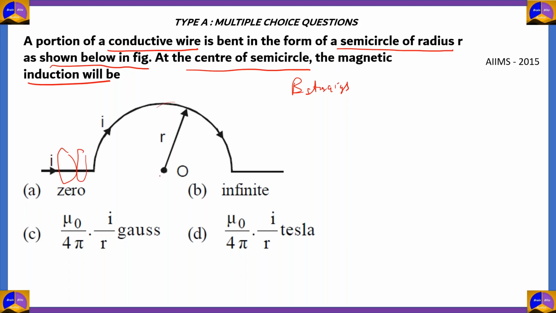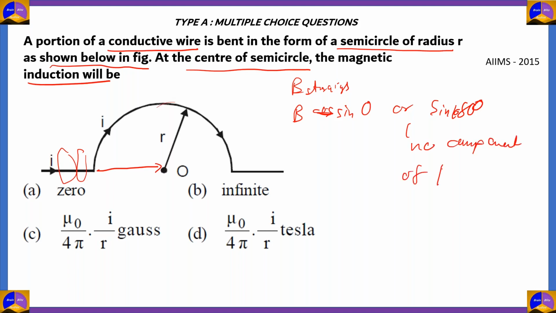Therefore, there is no component of the magnetic field of the straight current-carrying wire at O, because the component will be B times sine 0 or sine 180. So that means there is no component of B of the straight conductor at the point O.